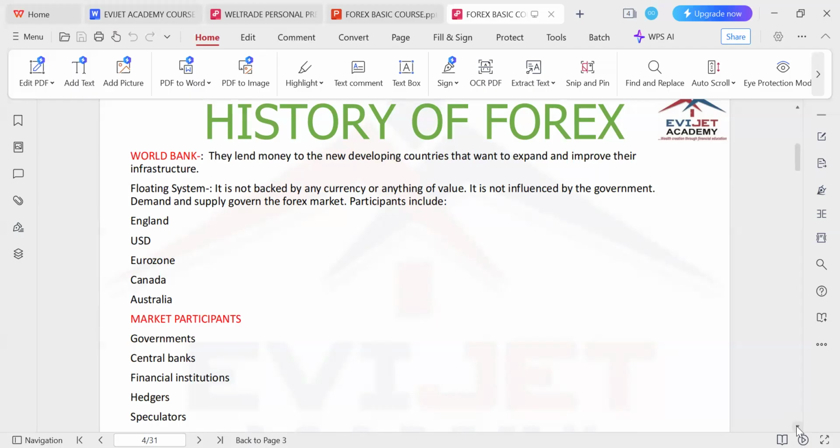Then we have the market participants. Who are the market participants? They are the people who actually trade in the Forex market. So we have the government. The government dictates what happens to the currency in each of their countries when it has to do with interest rates, cutting of rates and increasing of rates and all of that.